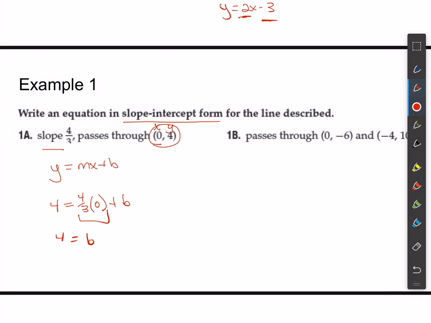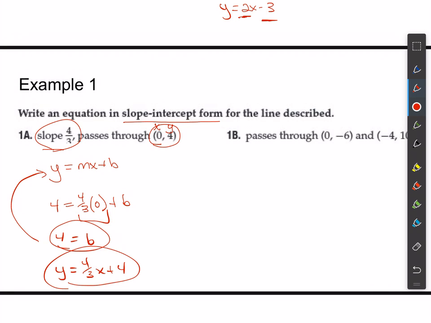Now once I have my b and I have my slope, I can go back to the equation and plug in the things that I now know. It's always going to be y equals, m was given to us, 4/3 x plus b. The b we found was 4. So there's your equation in slope-intercept form.